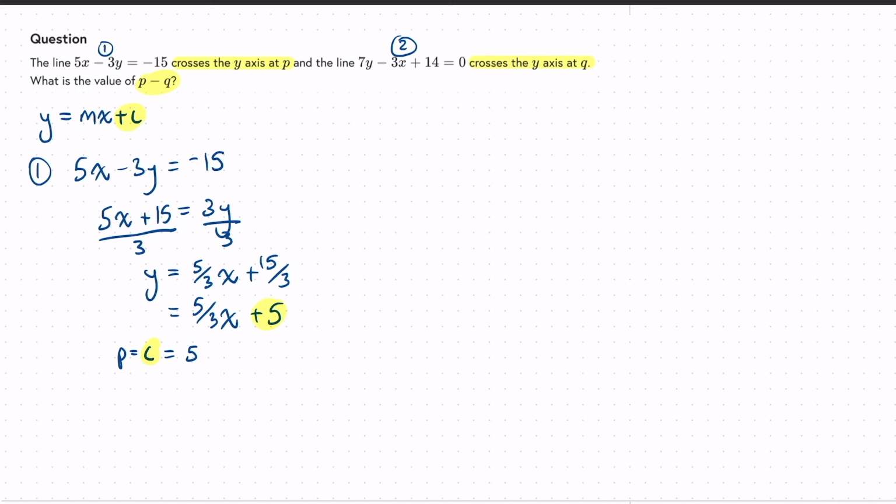Okay, now I just need the other half of this equation. Let's look at number 2. 7y minus 3x plus 14 equal to 0. Well, I'm going to move both of the 3x and the 14 terms to the right hand side.